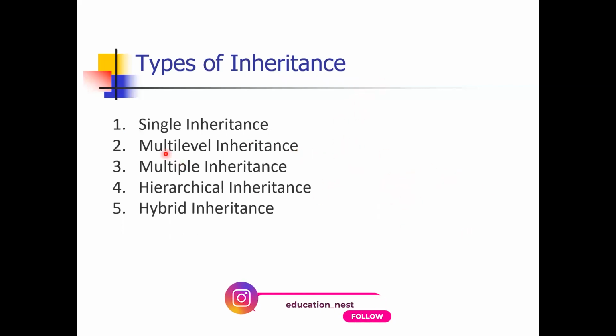This is single level inheritance, this is multilevel inheritance, and this is multiple inheritance, meaning two parent types for one child. I'll explain with examples. Then there are hierarchical inheritance and hybrid inheritance.